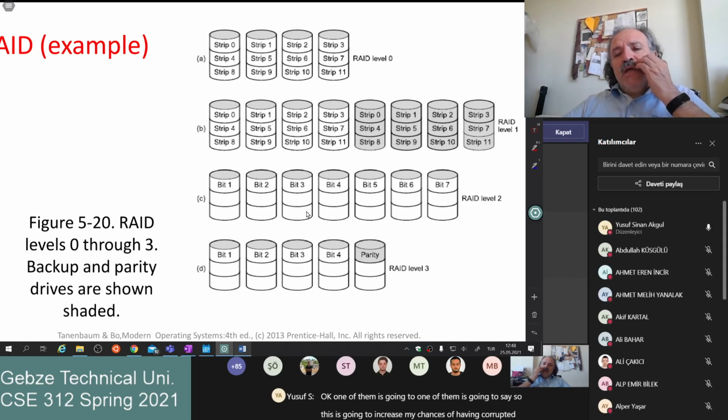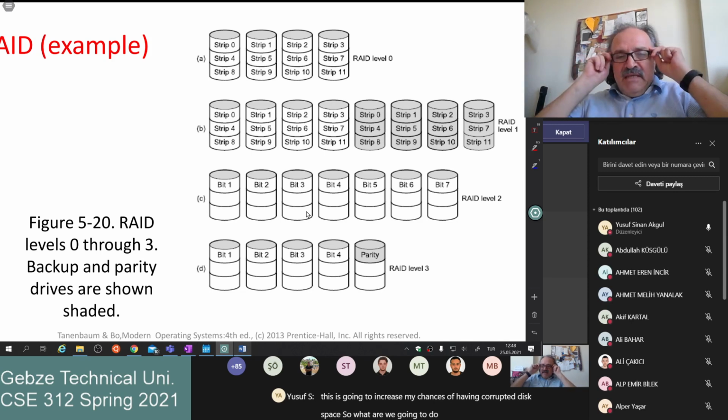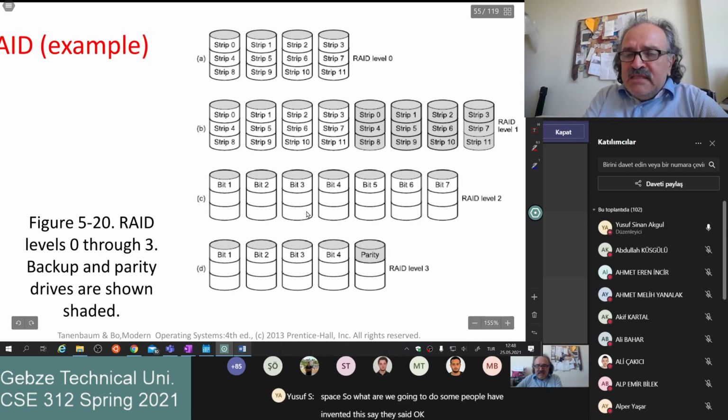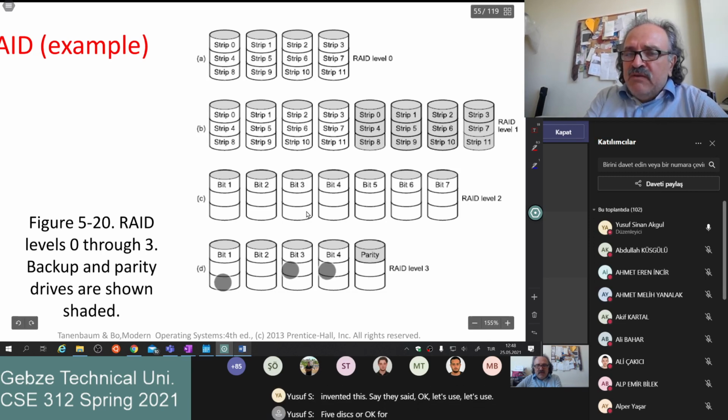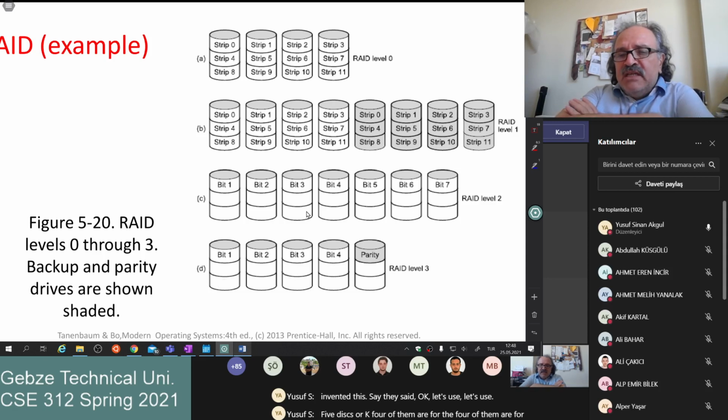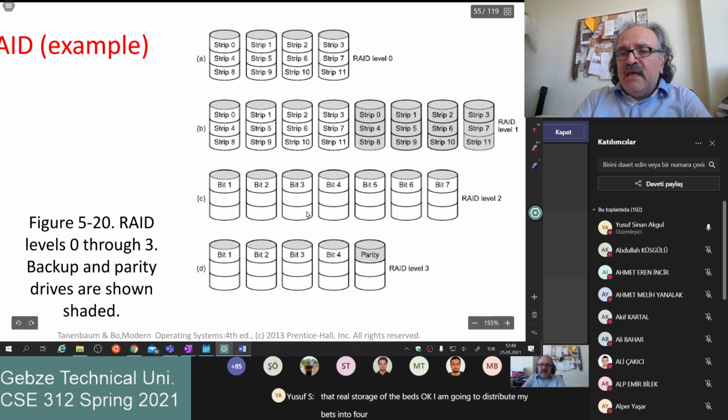So what are we going to do? Some people have invented this. They said, let's use 5 disks. Four of them are for the real storage of the bits. I am going to distribute my bits onto 4 different disks, and I am going to keep a parity disk.